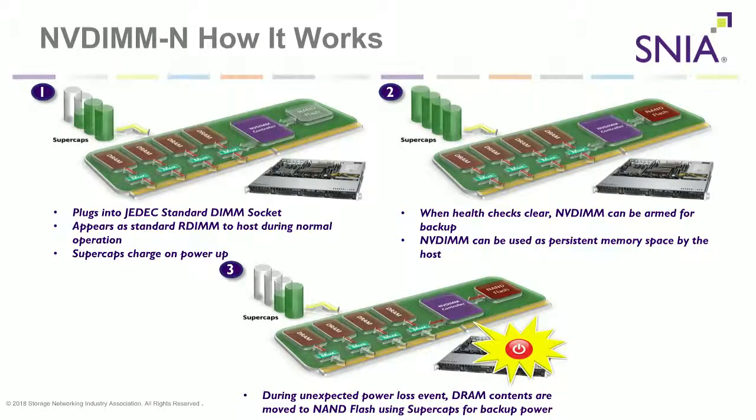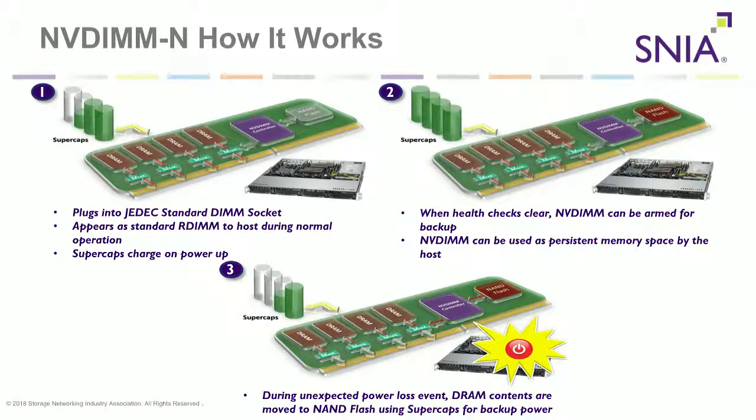So here is how NVDIMM-N works today. Like I mentioned, the data will be stored in the DRAM portion of the NVDIMM, and the supercap attached to that will be charging while the system is in operation.